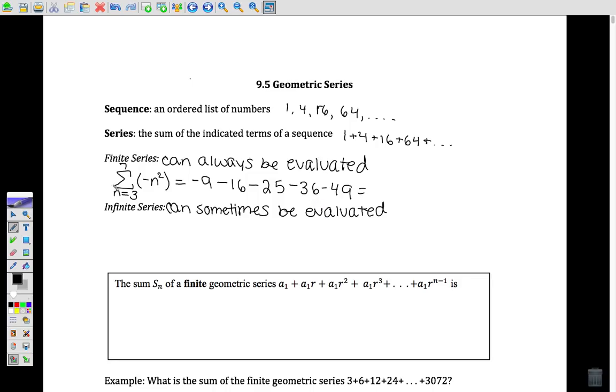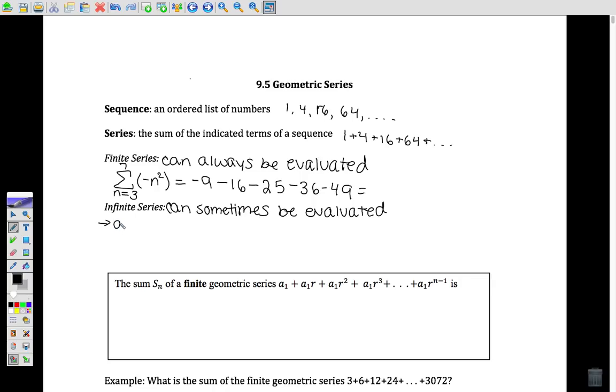So we saw with an arithmetic infinite series, that can never be evaluated. We're adding these numbers and the numbers keep getting bigger and bigger, or really huge negative numbers it could be as well.